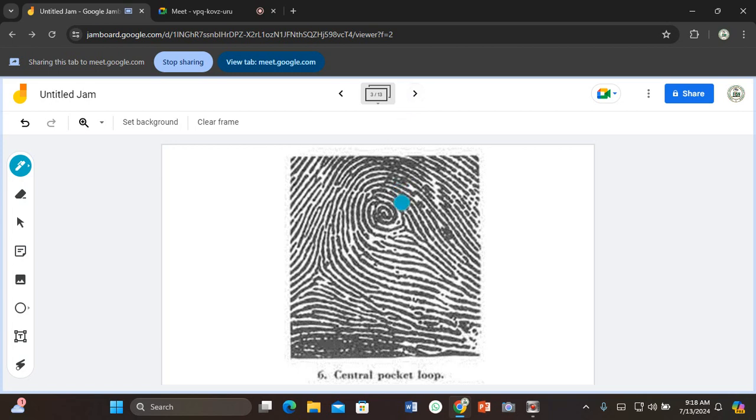Look at it. At least one ridge making a complete circuit. You have a data here, there's a data here, there's another data somewhere here. And at least a ridge or you have a recurve that is complete, making a complete circuit. Here it may be just only one.